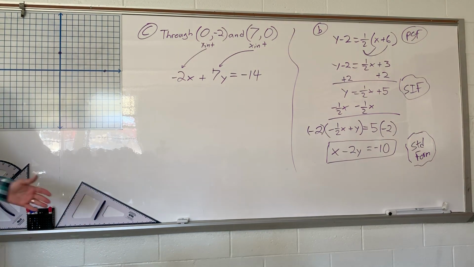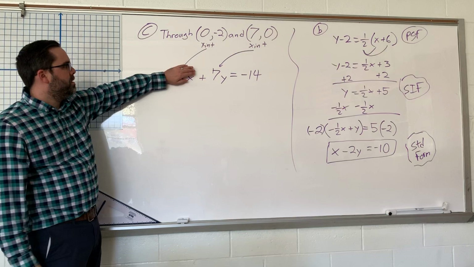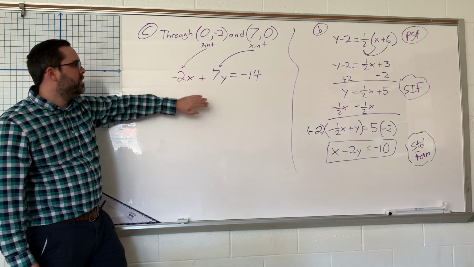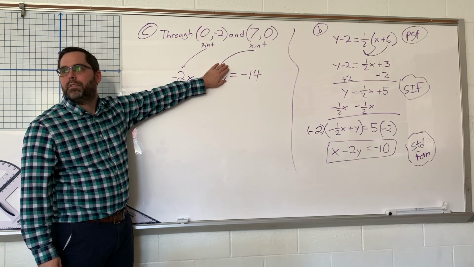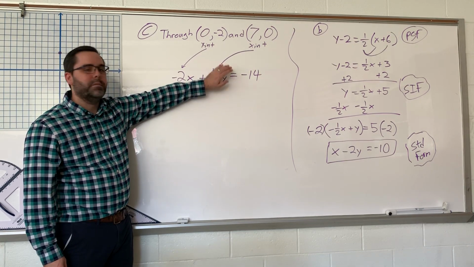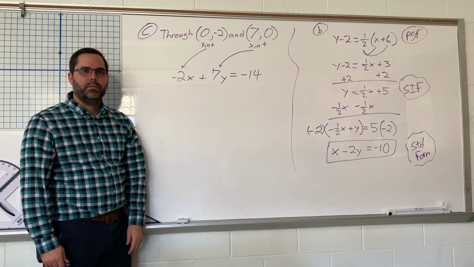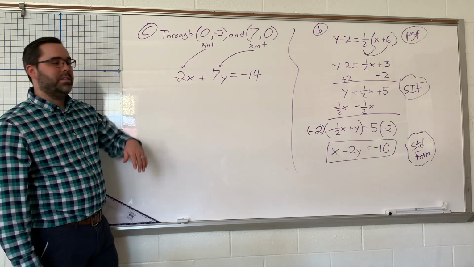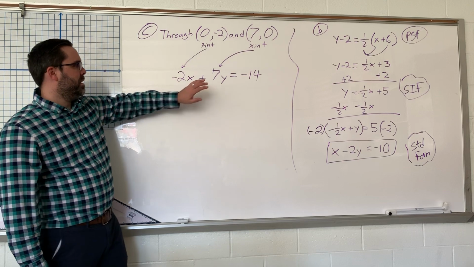Now how do we know this works? Well, let's check. What is my y-intercept? Negative 2. And what is my x-intercept? 7. Works, right? Let me show you again. My x-intercept is when y is 0.